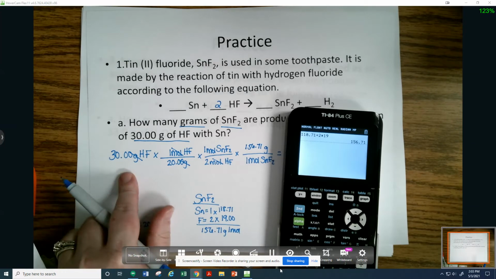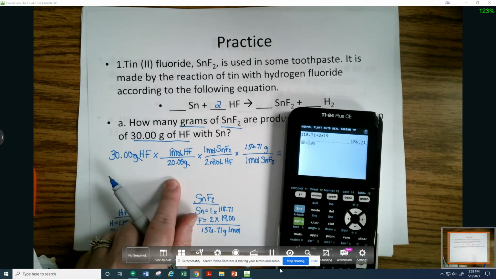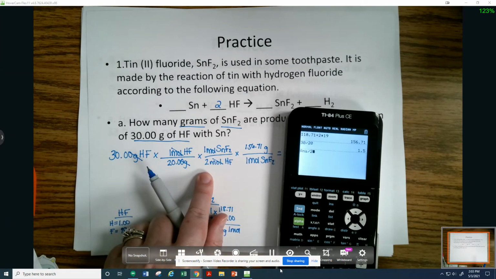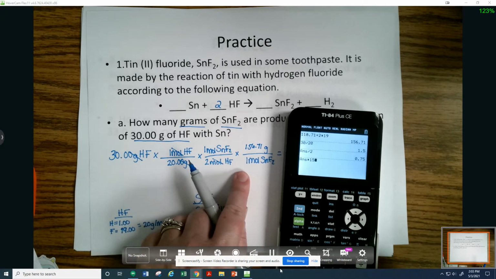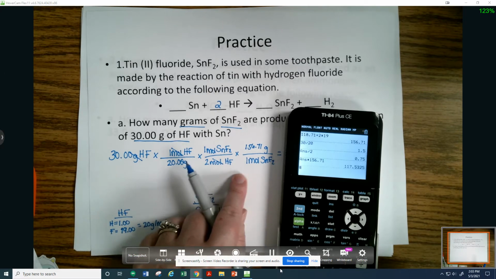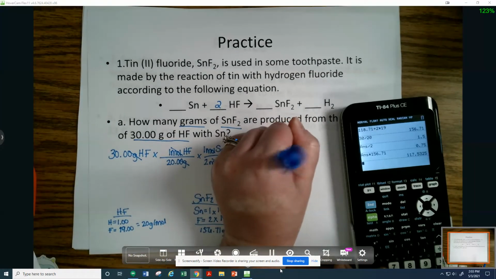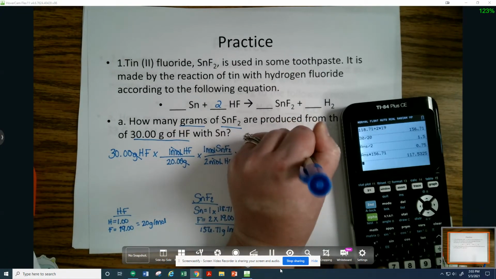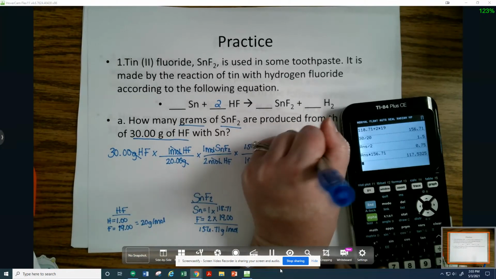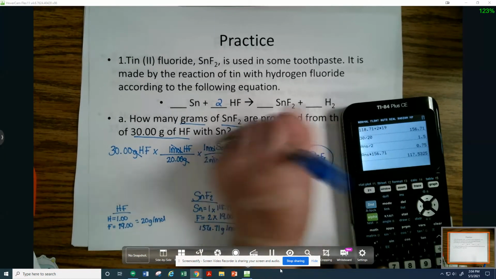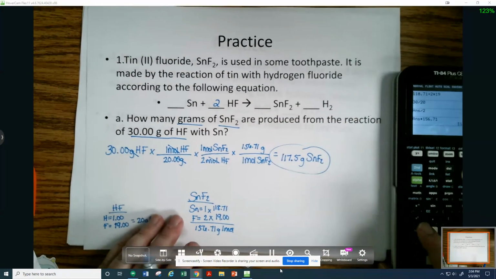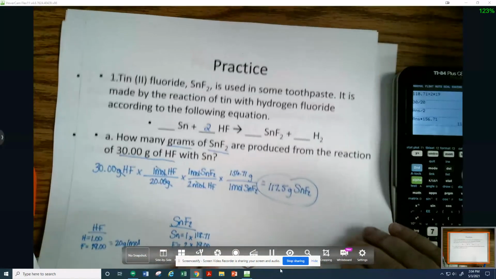You're going to take 30, divide by 20, divide by 2, times 156.71. 30 technically has 4 sig figs, so this is technically 117.5 grams of SnF2 to the correct number of significant figures.